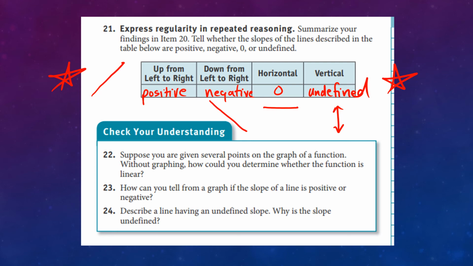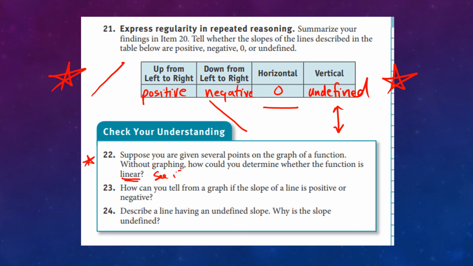So try these, check your understandings, pause me, and then see how you did. Suppose you're given several points on the graph of a function. Without graphing, how could you determine whether the function is linear? What makes a function linear? It's really, really important.